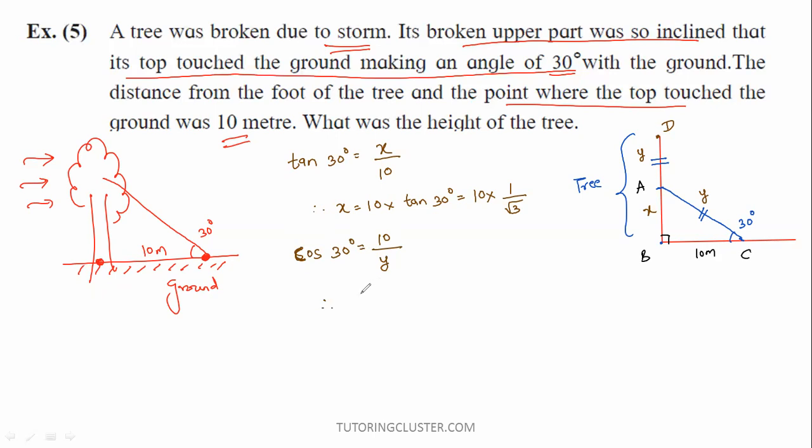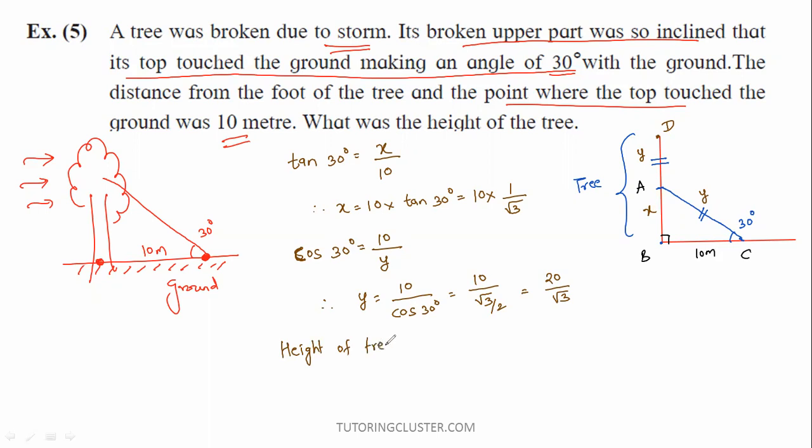Therefore, what will be Y? Y will be 10 upon cos of 30 degree. What is cos 30 degree? Root 3 by 2, so this is equal to 20 upon root 3. So this is Y. What is the height of the tree?